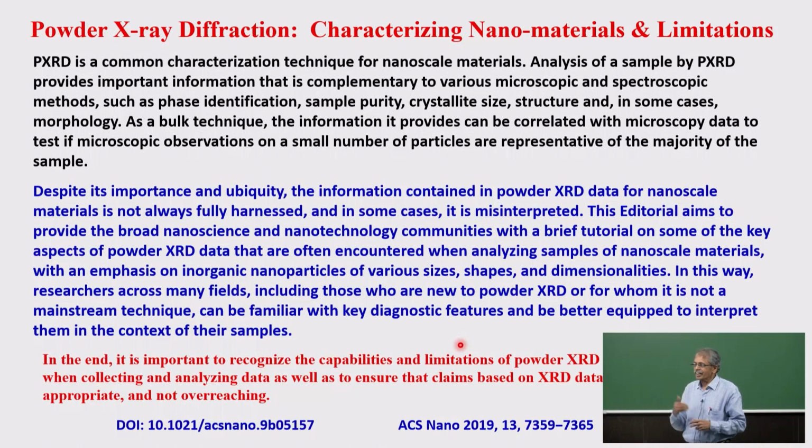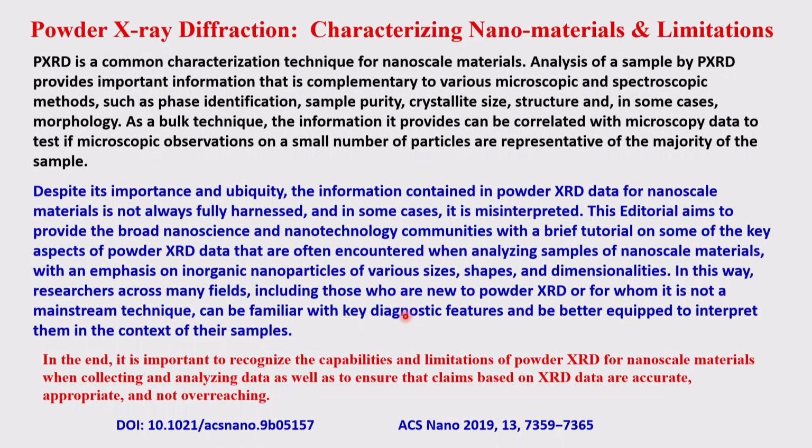So one can be wrong in making the interpretations, because in the absence of such information, the interpretations could be wrong. Okay, so nanoscale material, with an emphasis on inorganic nanomaterials of various size, shape, dimensionalities.